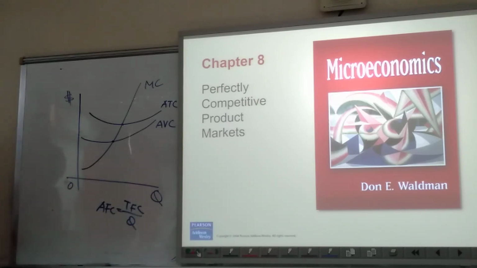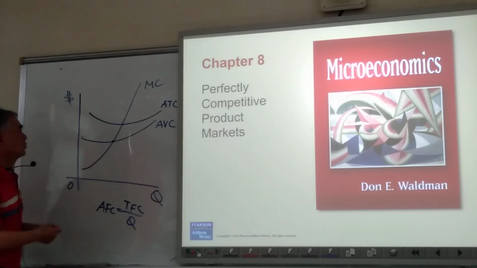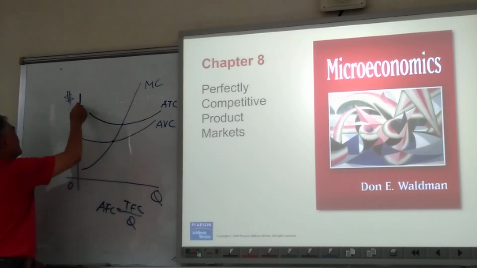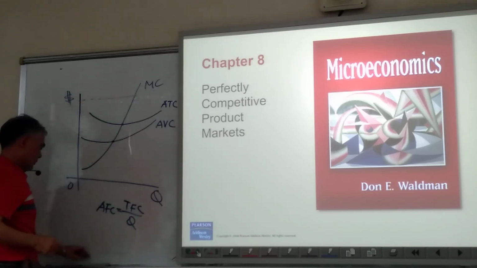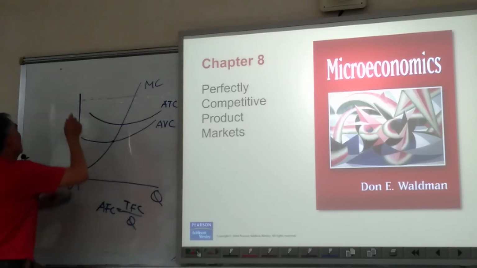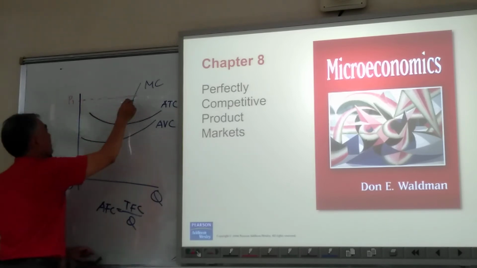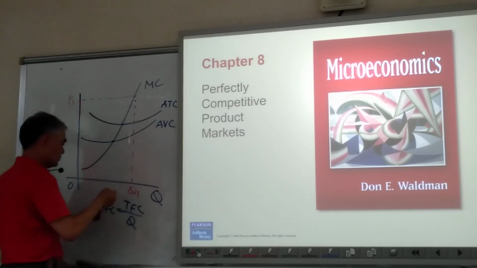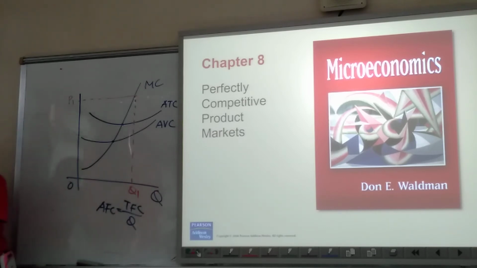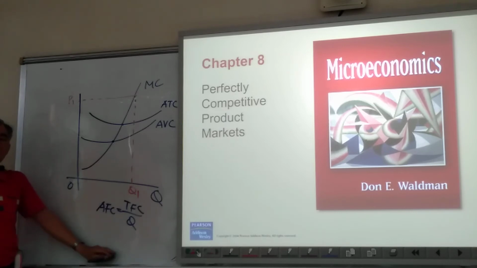Good. So now let us assume we have something like this. If this is the price, let us say this is the price, P1, and the production level is Q1. So when the price is P1, why is the production level Q1?